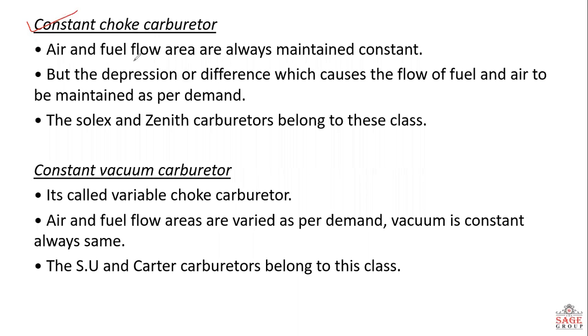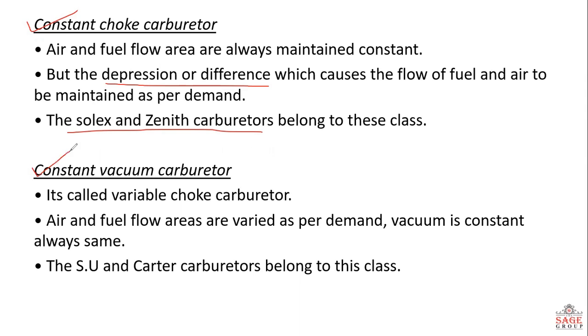So in this case, we are basically varying the pressure difference or the carburation depression in order to supply the required quantity of air fuel mixture. The Solex and Zenith carburetors belong to this class.